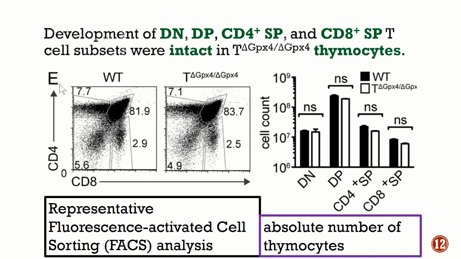So we can know that these regions have very similar numbers. There's no significant difference in numbers when we do the bar chart and make the statistical comparisons. And we can know that there's no significant difference, which means GPX4 is not involved in the thymic T cell development.